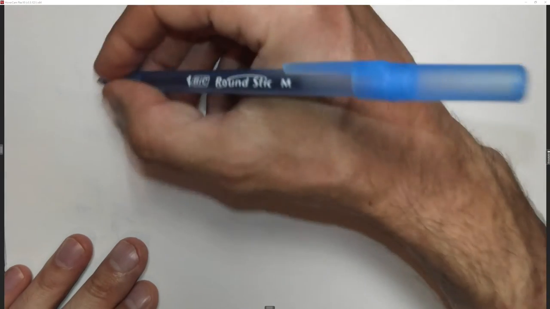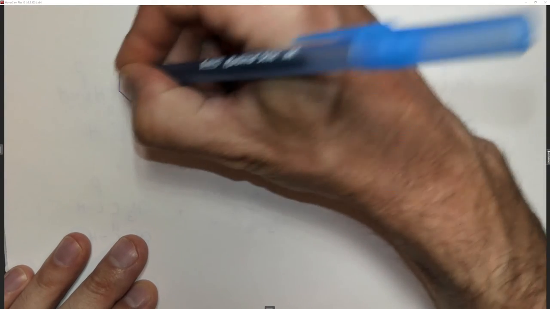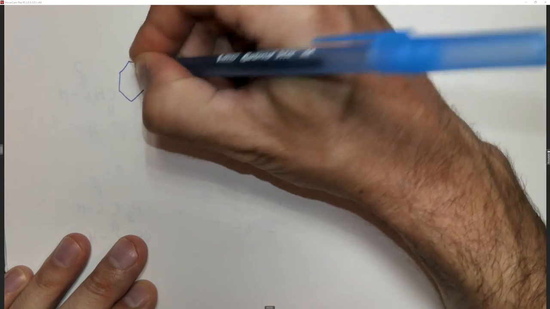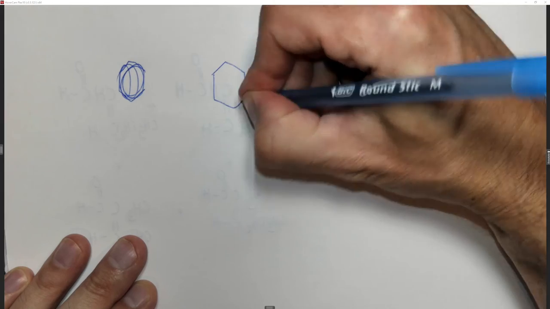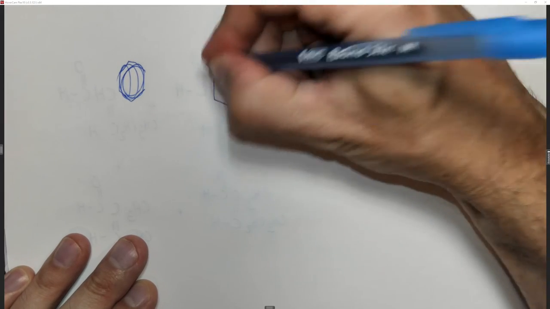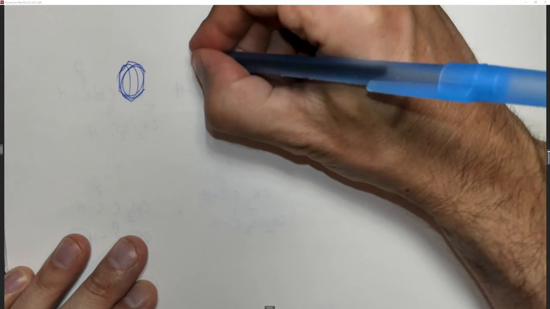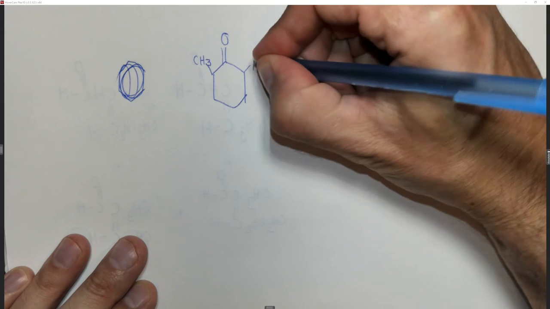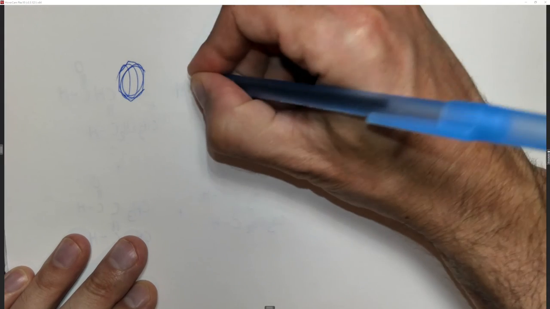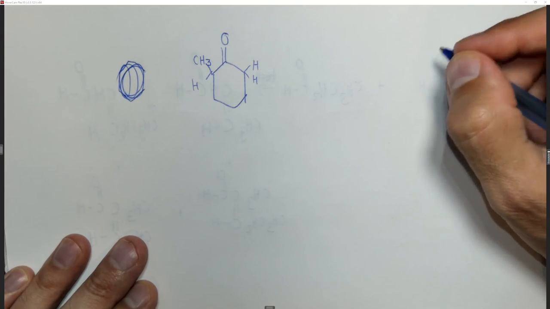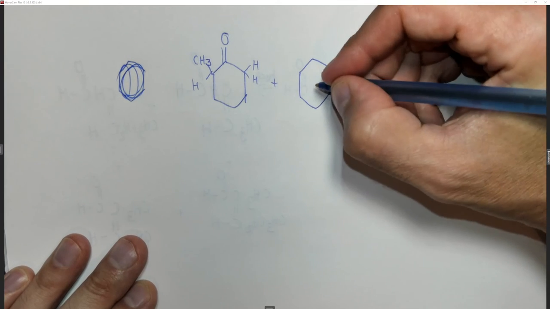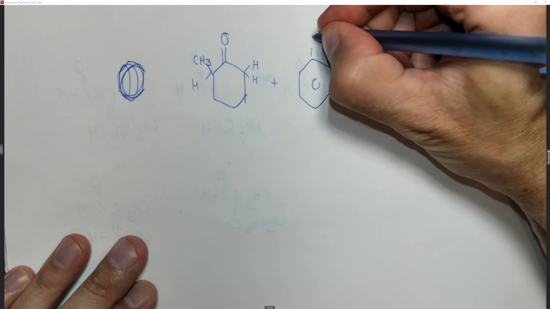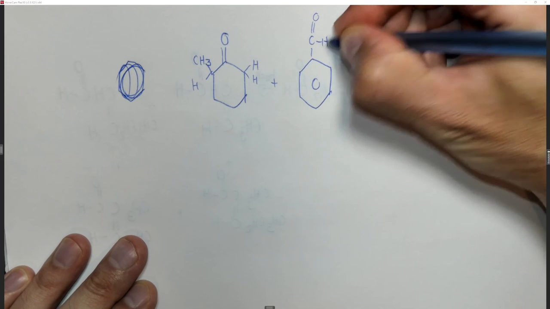Let's look at taking this molecule. Let me try again. All right, and we have a methyl group here, and 2 H's here, and 1 H here. And we're going to react it with this molecule, which is benzaldehyde, like so.